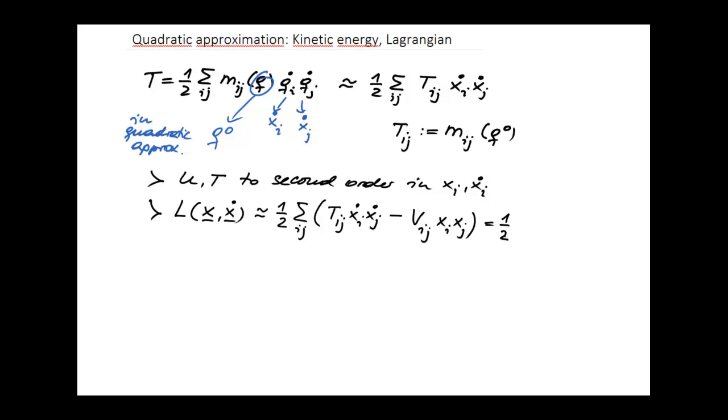And we can write that in a compact notation as a scalar product. We can say the kinetic energy, that's the scalar product of the vector x dot with the matrix T acting on x dot, and the potential energy we can write as a scalar product of the vector x with matrix V acting on vector x.